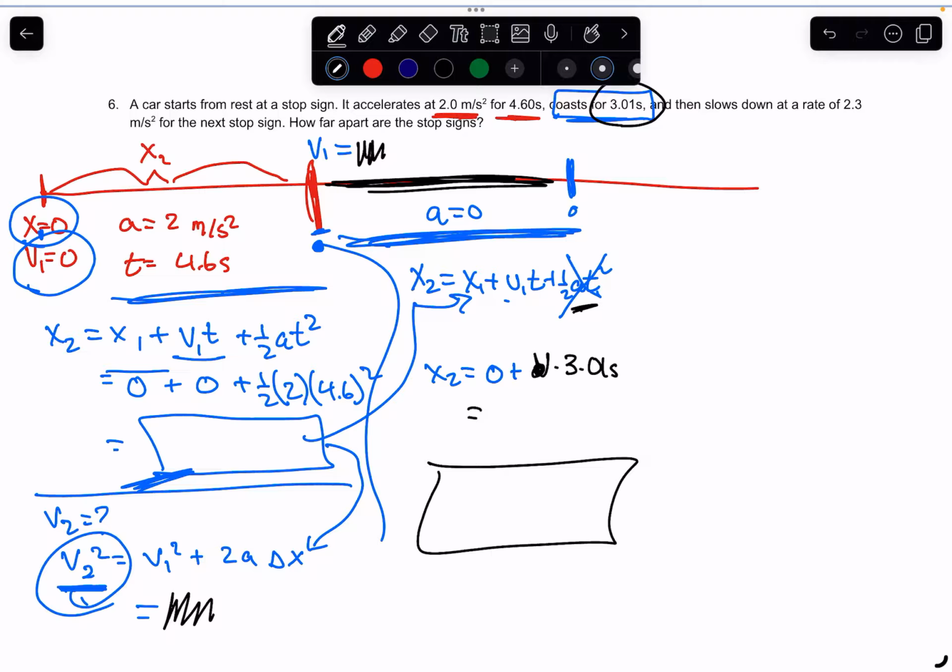Now I've colored that black. And then we have the green section. That's when he taps the brakes and he decelerates.